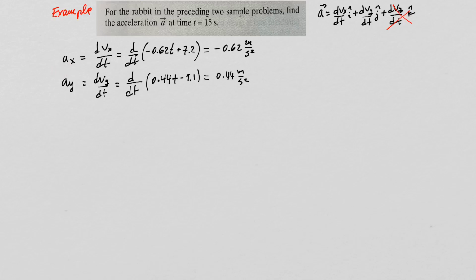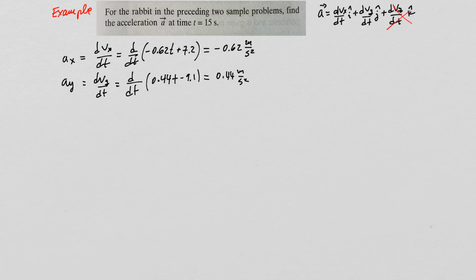In our particular example, the acceleration is two-dimensional, so the third component here is equal to 0. And so then I must find the derivatives with respect to time of the x component and y component of the instantaneous velocity. And so the x component is equal to d/dt of minus 0.62t plus 7.2, which gives us minus 0.62 meters per second squared.